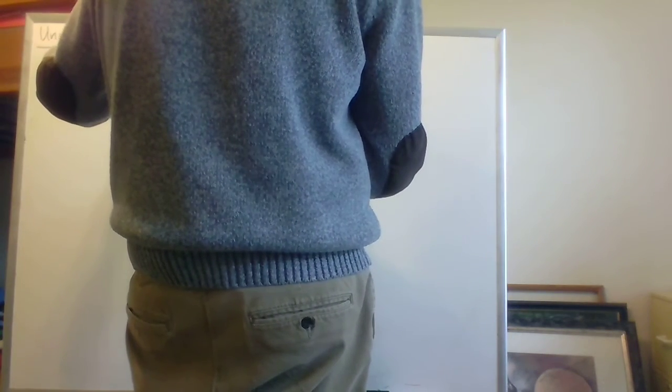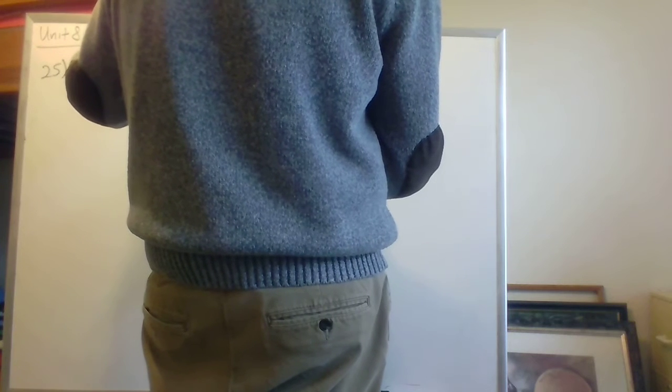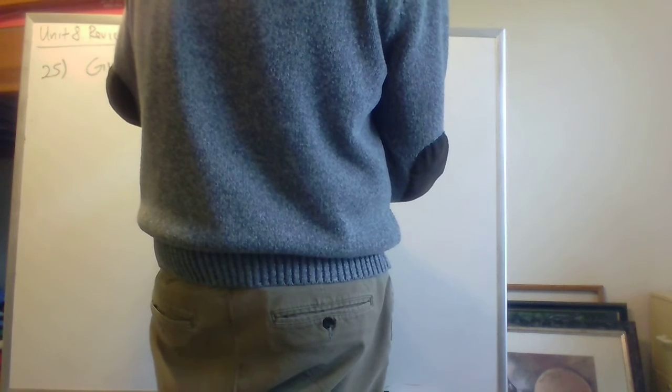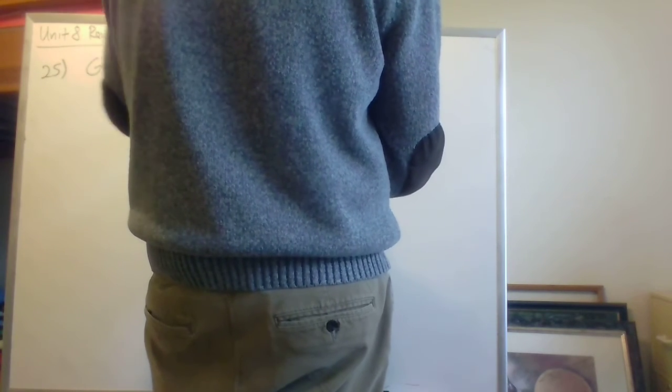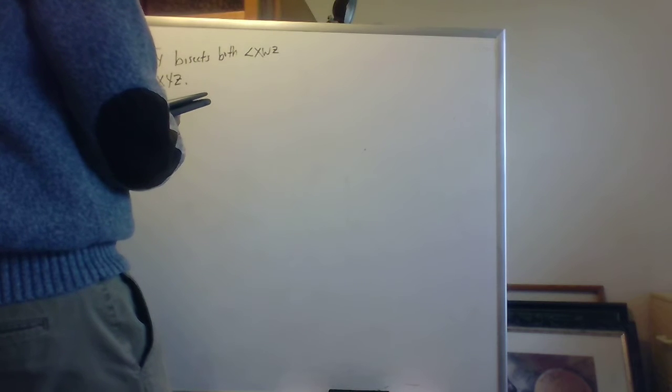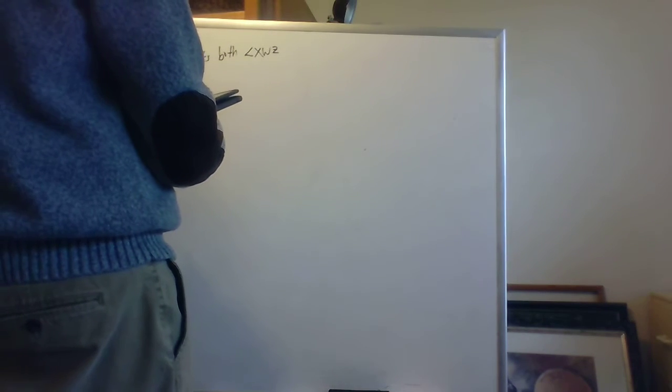Given segment WY bisects both angle XWZ and angle XYZ, and it wants you to prove that triangle WXY is congruent to triangle WZY.